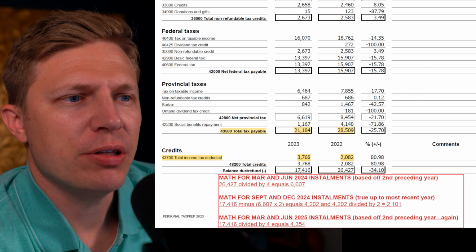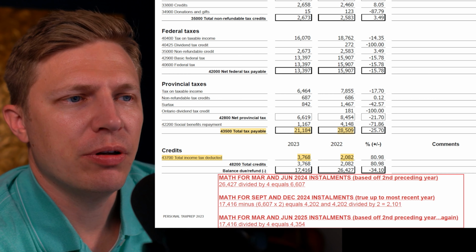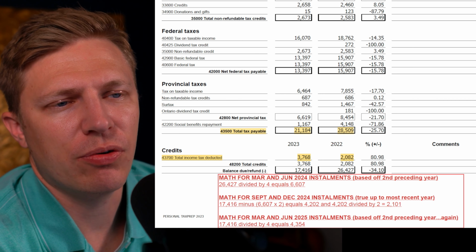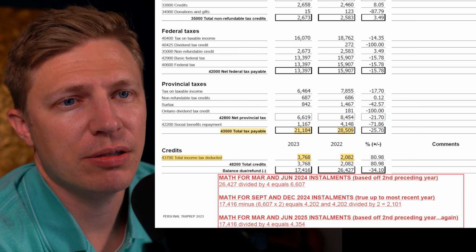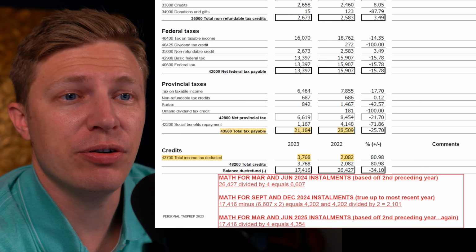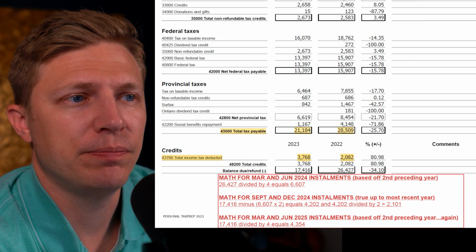To determine the installments, you're going to be looking at the difference between these two numbers. So line 43500 less line 43700. And the difference is your net tax payable for the year.